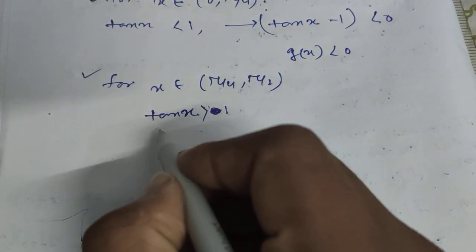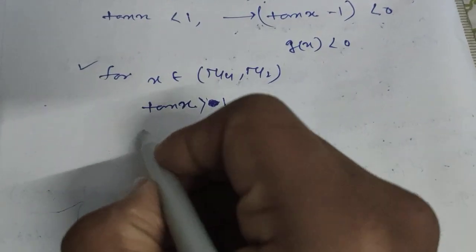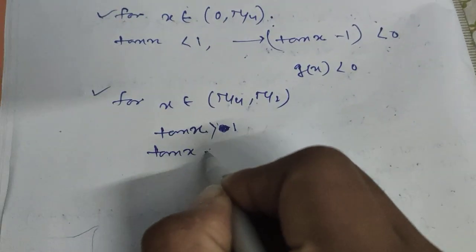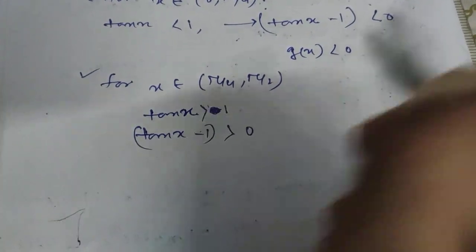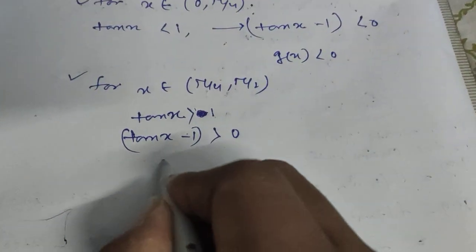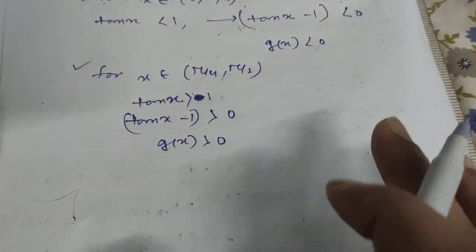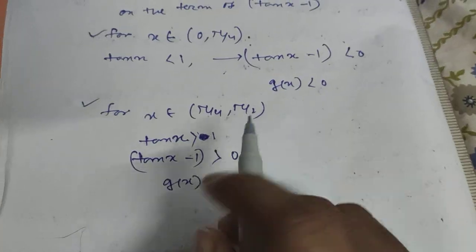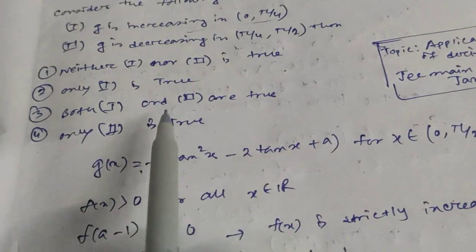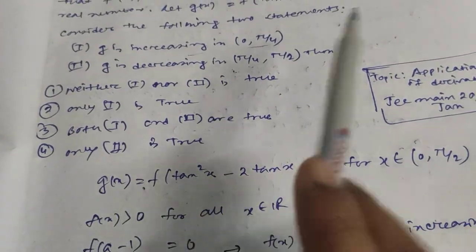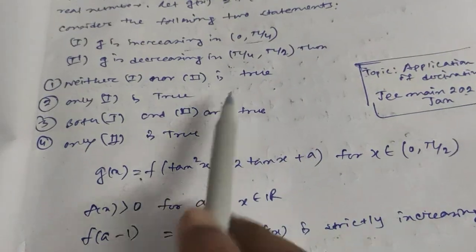So that means tan x minus 1 is greater than 0. So that means g'(x) is greater than 0. So the function g(x) is increasing in this range, but here it claims that g is decreasing in pi by 4 comma pi by 2. So that is also false.